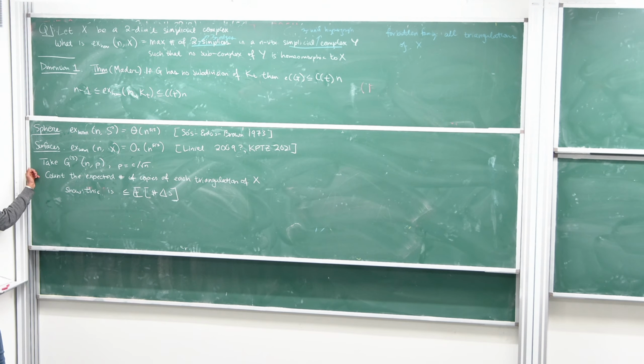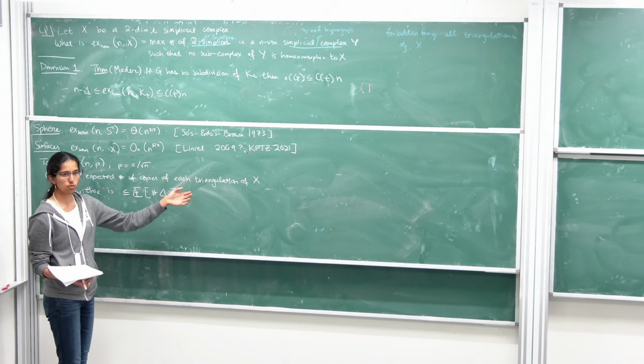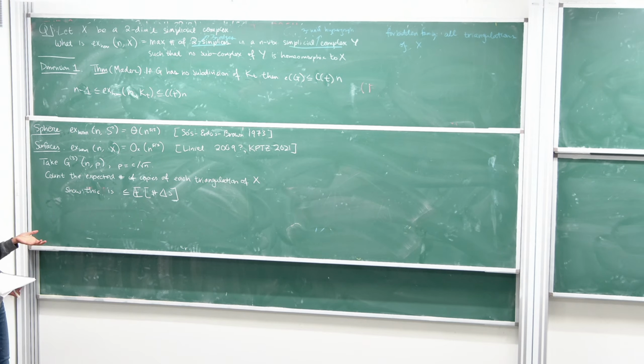And this requires a result on the number of ways to triangulate a surface with a specific number of vertices. I don't want to do the computation out explicitly, but this is the idea of it.